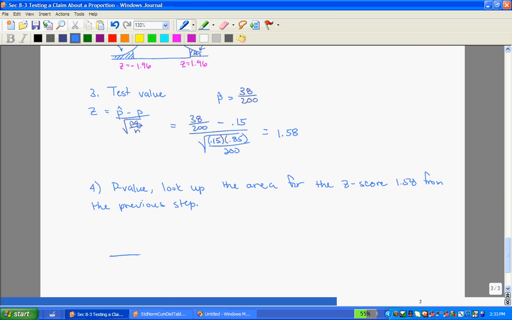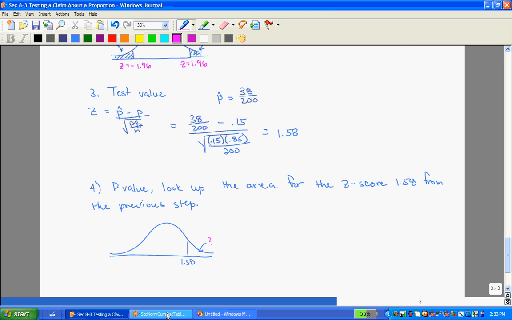So what's happening here is I have my test value or test statistic, and I know it's 1.58 here. What I'm looking for is this area. I want to know what that is.